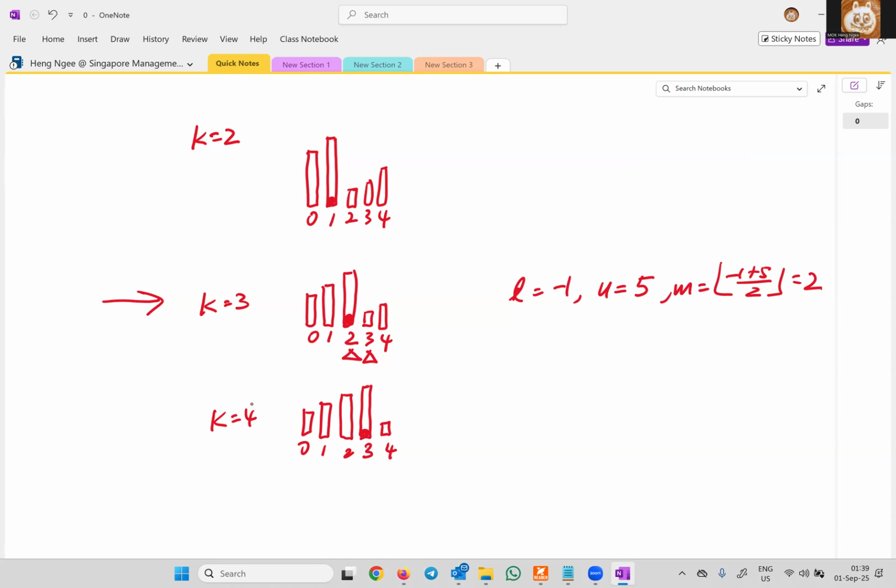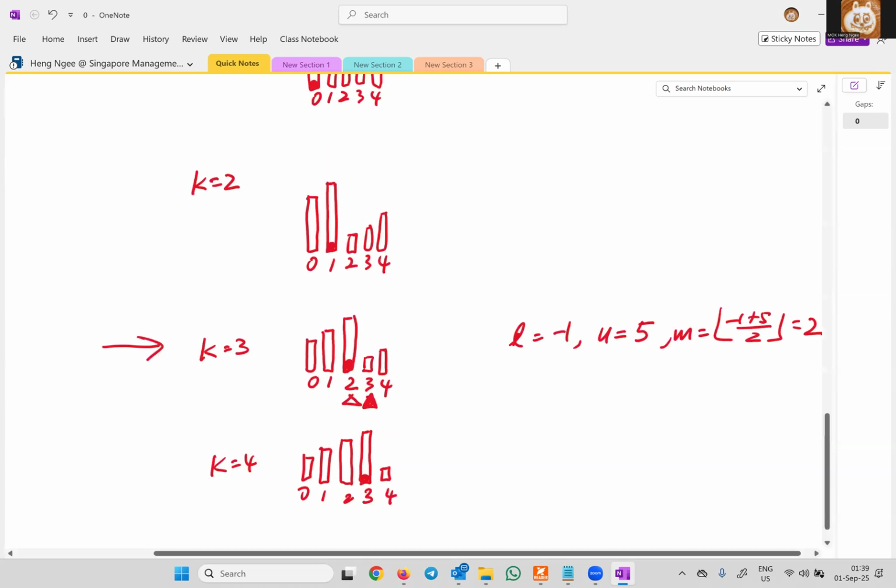On the other hand, if the value at mid plus 1 is not smaller than the midpoint, we don't have this situation. We have to find out if the peak is on the left of the midpoint or the right of the midpoint, and discard the other half.